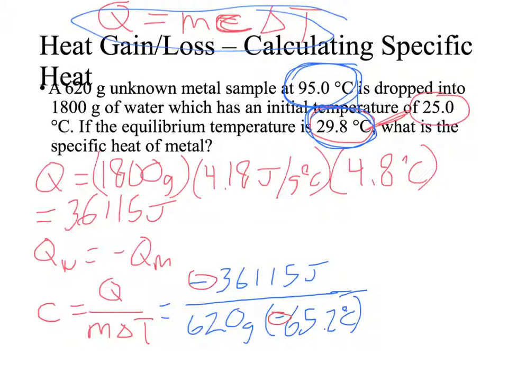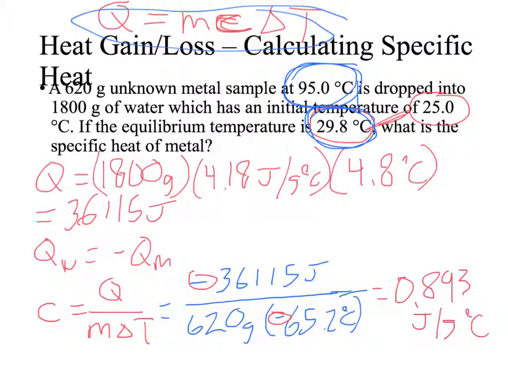They're going to cancel each other out, and I'm going to end up with a positive number. I should always end up with a positive number when I solve for C, the specific heat capacity, or if I solve for M, because there's no such thing as negative mass. When I do this, I end up with 0.893 joules per gram degree Celsius.